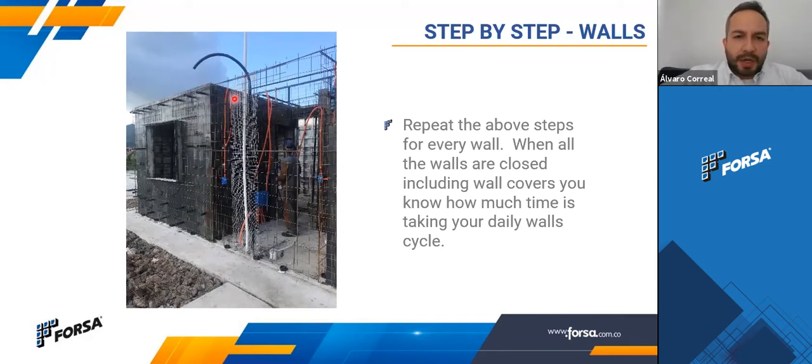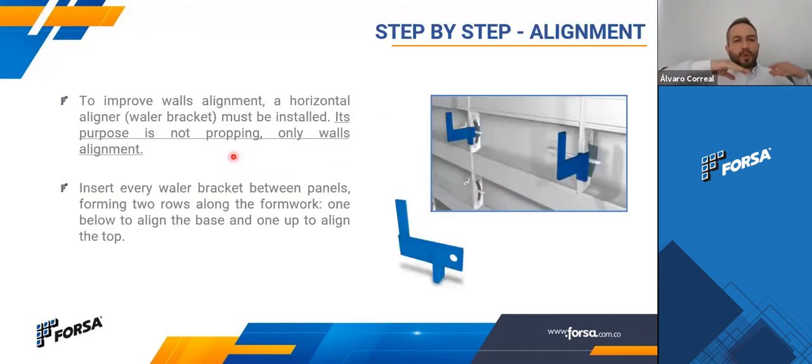You can see here they also installed this wire to avoid the vertical cracking. Very important. Okay, so you do the same for every wall, inside, outside, and you close the walls. Once you have these walls ready, you want them to be aligned, so you install these Waler brackets.